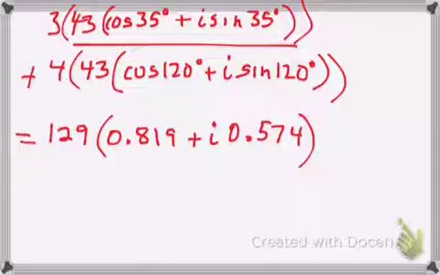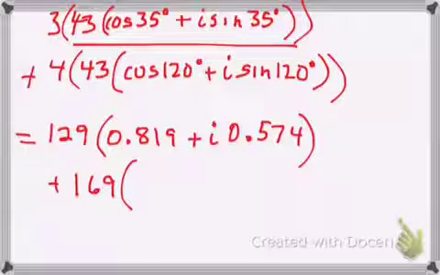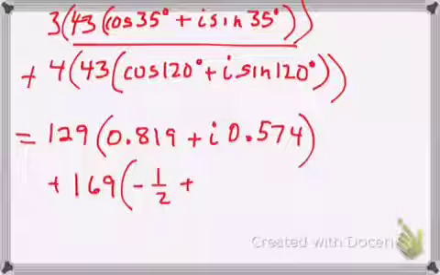And we're adding that to 4 times 43, which is 172, times cosine of 120 degrees, negative 1/2, and i times the sine of 120 degrees, which is the square root of 3 over 2, which is 0.866.